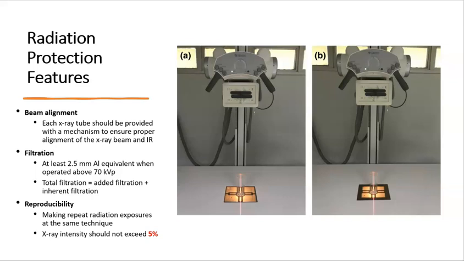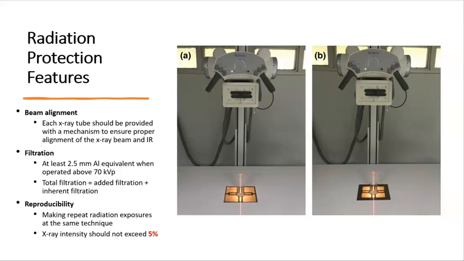There's also filtration built into the X-ray tubes, so at least 2.5 millimeters of aluminum equivalent when operated above 70 kVp. You should know this by now. We've repeated that a million times, right? So total filtration is added filtration plus the inherent filtration. Remember, in the X-ray tube there's inherent filtration, and in the collimator box there's the added filtration.